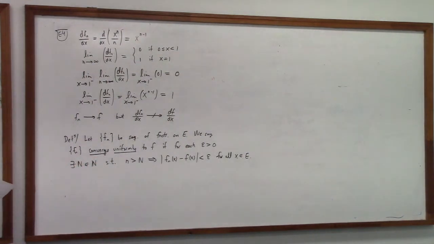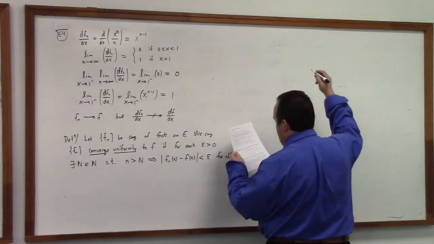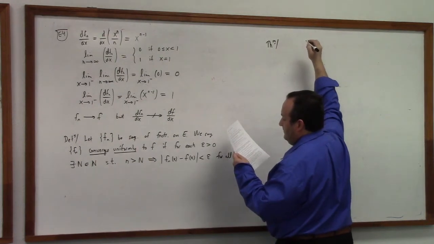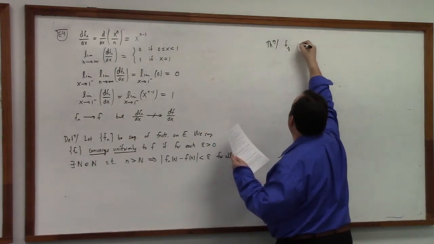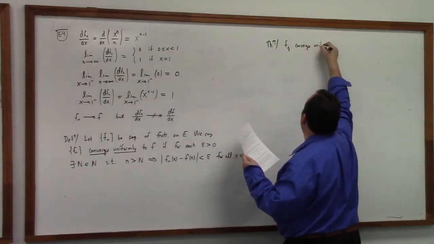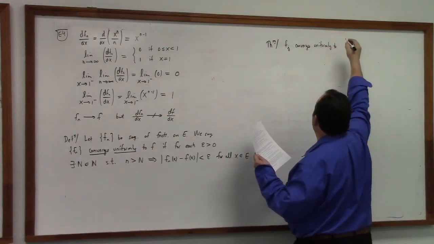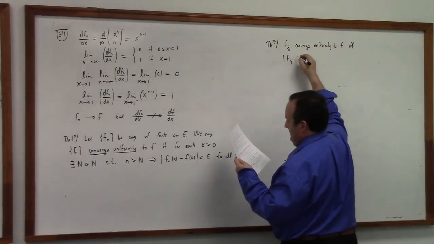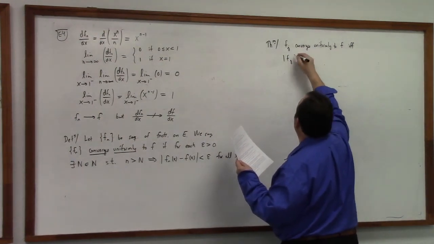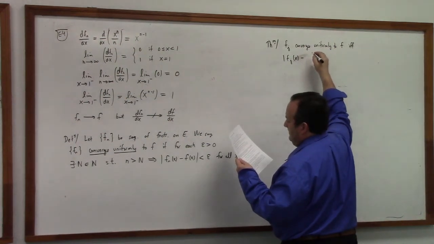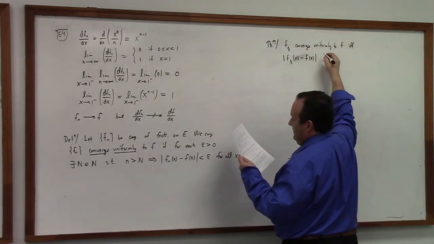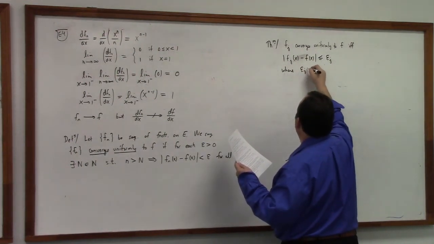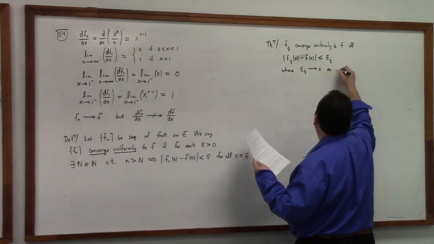All right, and let me just say this. Theorem, or Gamelin's definition, however you want to look at it: f_j converges uniformly to f if and only if the absolute value of f_j of x minus f of x can be shown to be less than or equal to epsilon sub j, where epsilon sub j goes to 0 as j goes to infinity.